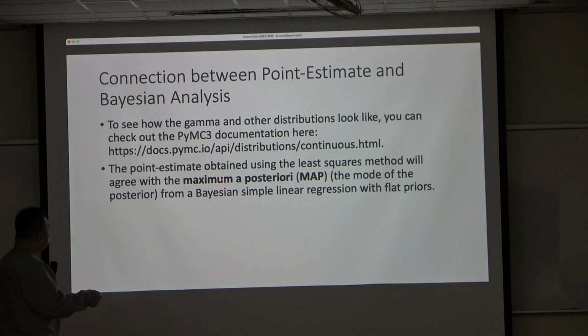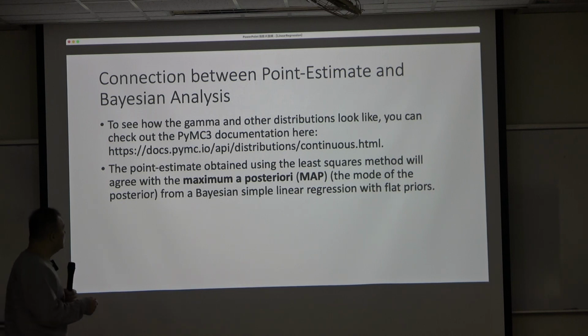The point estimate obtained using the least squares method will agree with the maximum a posteriori, which we call MAP. This is the mode of the posterior from Bayesian simple linear regression with flat prior.